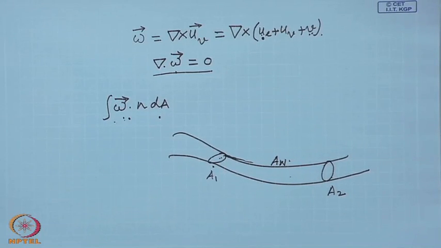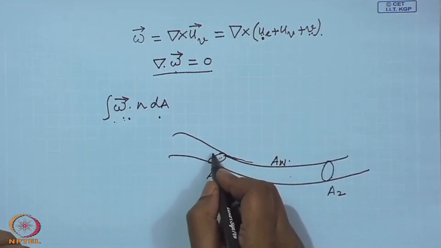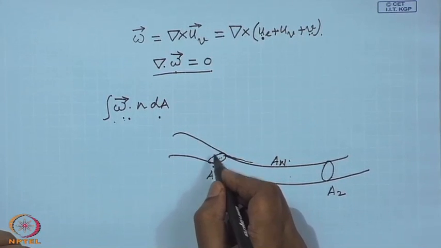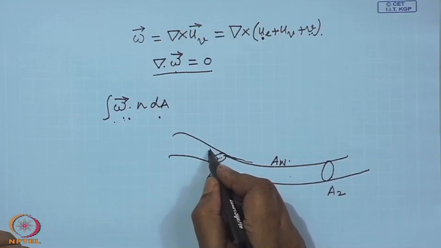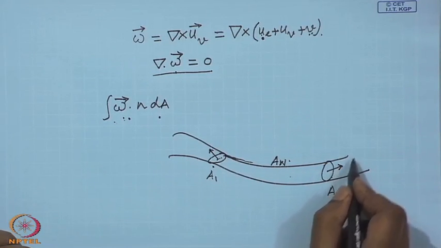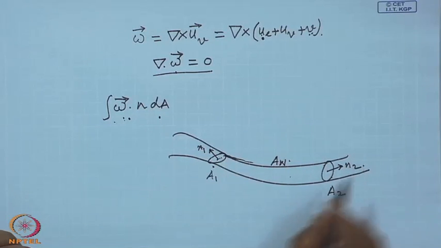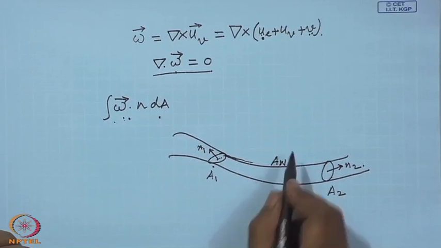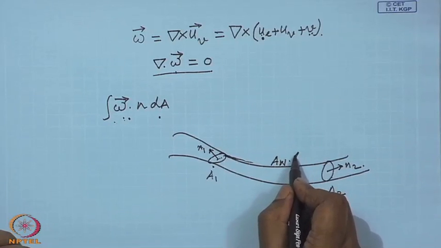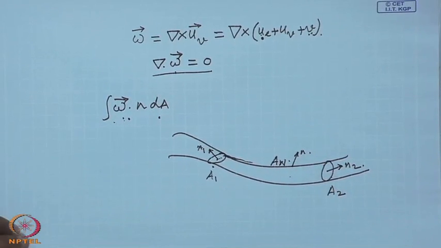The corresponding normals we can call N 1, N 2, and N for the tube surface. Now, apply this area integral here.